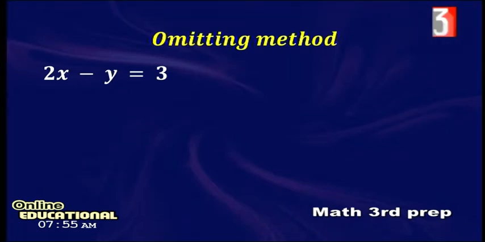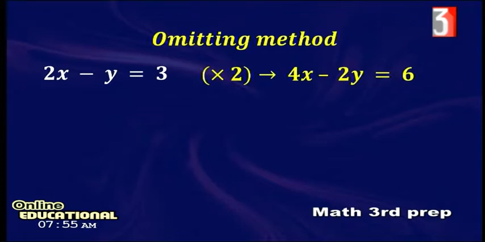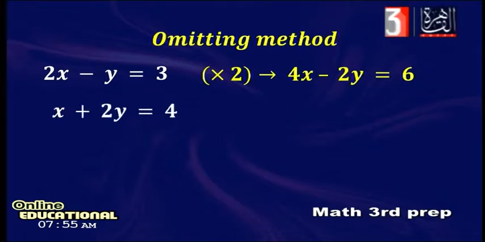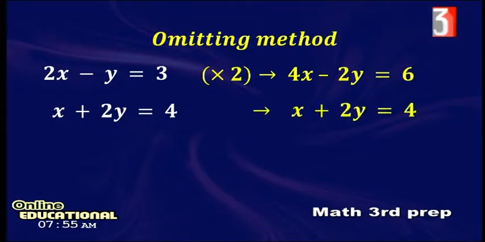So 2x times 2 equals 4x, minus 2 times y equals 2y, equals 3 times 2 gives 6. Then the other equation is x plus 2y equals 4, so we are going to write it as it is. Look carefully at the two equations: 4x minus 2y equals 6 and x plus 2y equals 4.